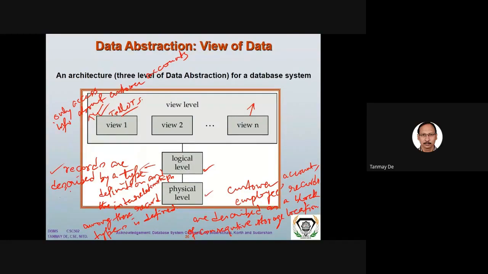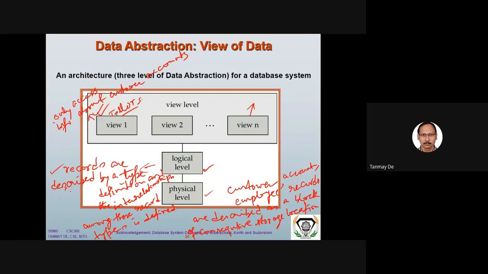I tried to explain this with some record type of data type. We can draw the analogy of the different levels of abstraction in a database system, how the levels of abstraction are maintained: physical level, logical level, and view level.